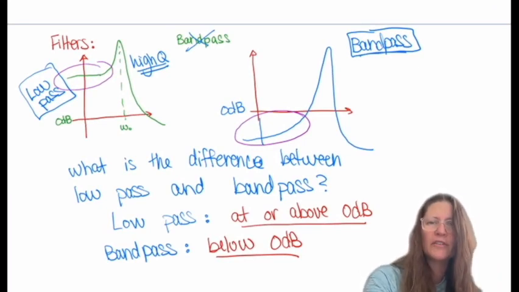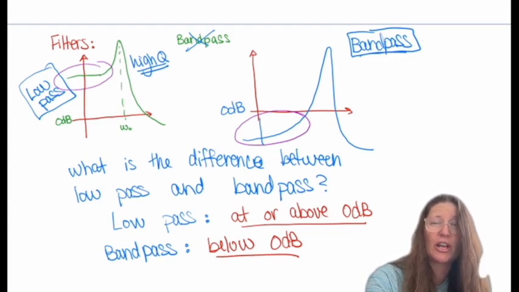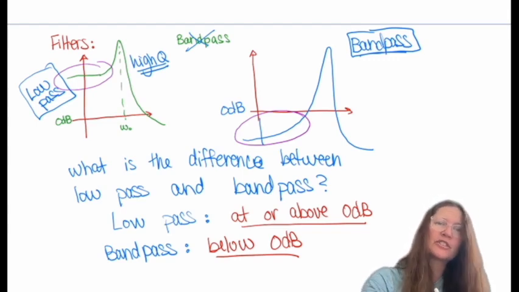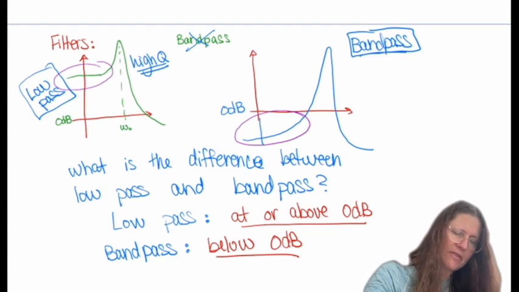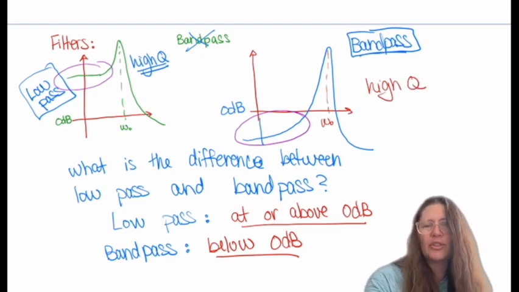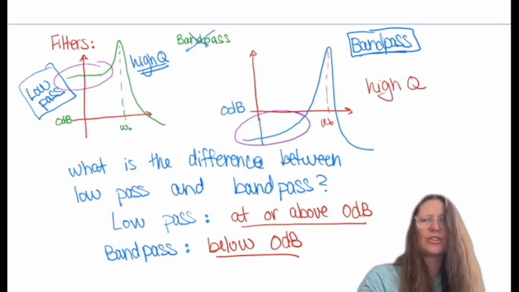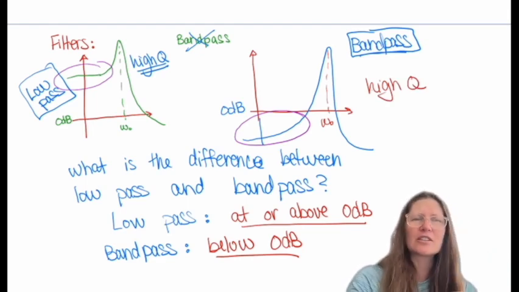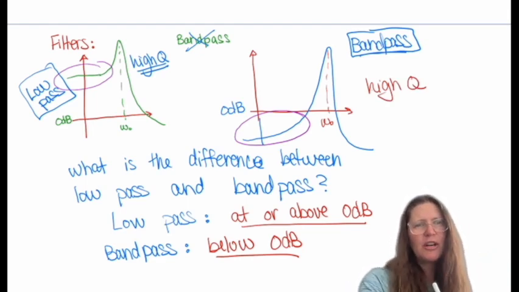To identify if it is a low pass or a band pass, the difference is going to be that portion that is before omega naught. So this would be omega naught. This also is probably a high Q. And remember, with low pass filters, you don't want a high Q. So this is a non-ideal low pass filter.